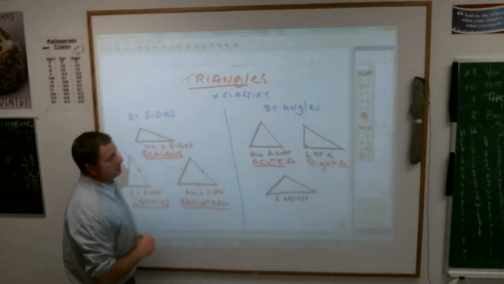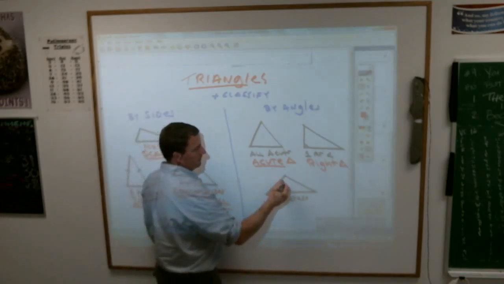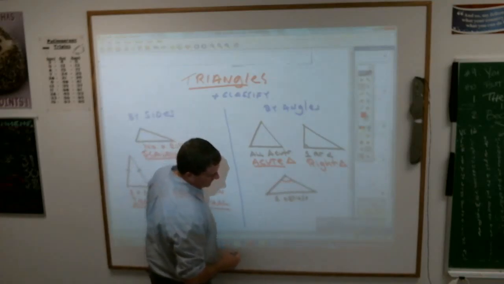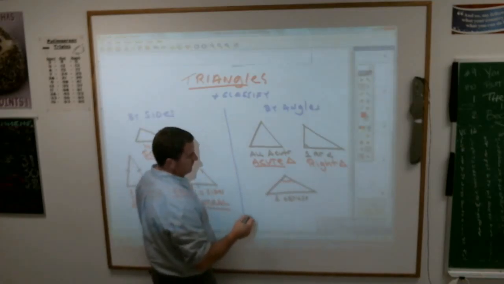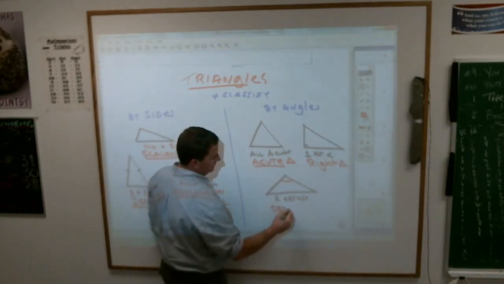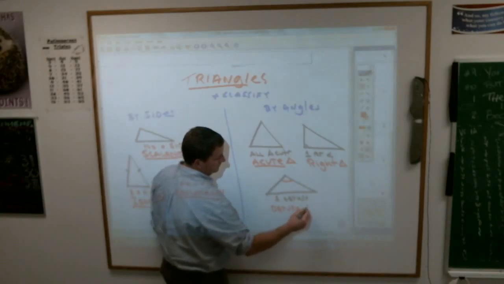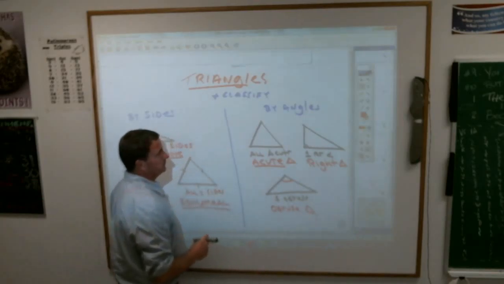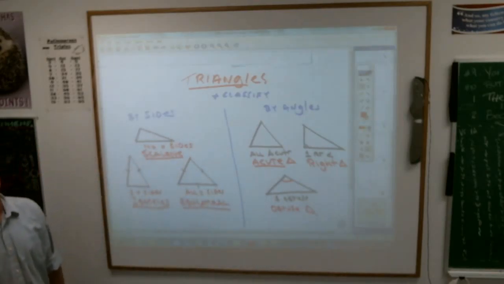If it has one obtuse angle, the angle that's bigger than 90 degrees, it's called an obtuse triangle. Okay. So those are your choices.